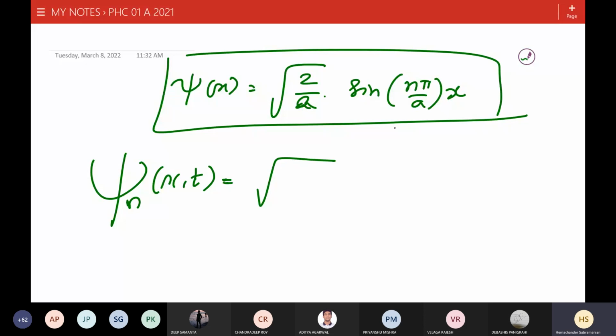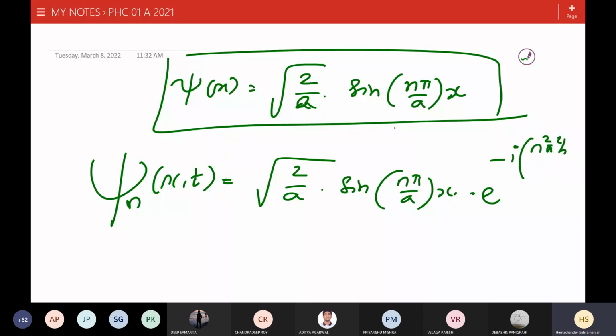and your full wave function, for the nth level, is square root of 2 over a sine(n pi over a times x) times e to the power minus i E t over h bar. Now we know what E is, right? n squared pi squared h bar squared over 2m a squared, times t. This is your entire wave function, right? For the nth level.